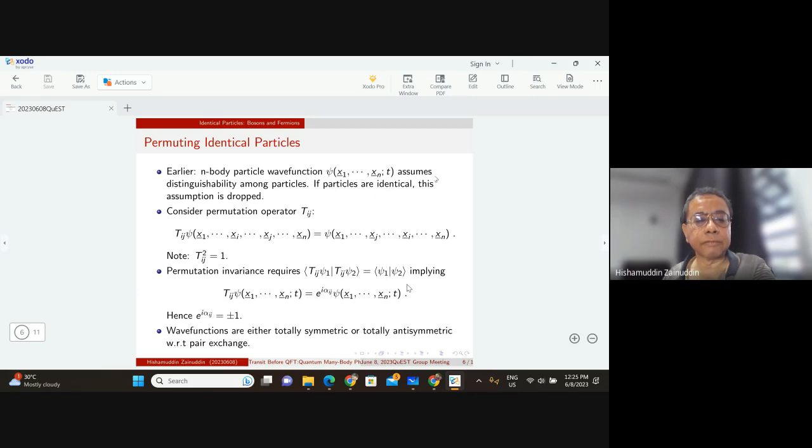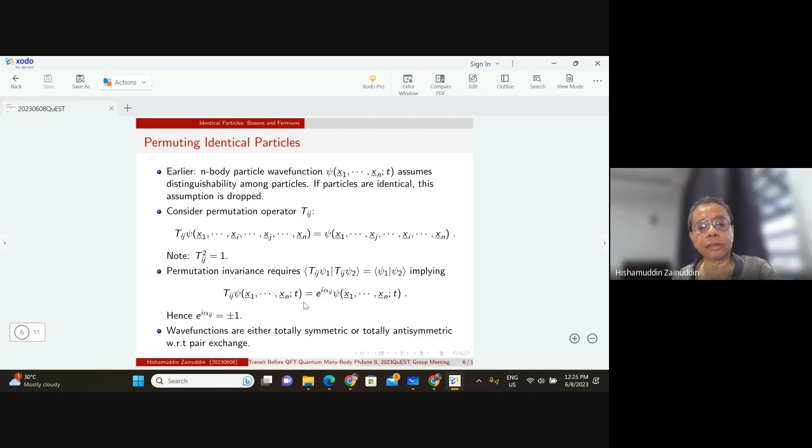And because the square of this permutation operator is the identity, this forces the phase factor to be simply plus or minus 1. That's why your wave functions for the normal particles are either totally symmetric or totally antisymmetric.